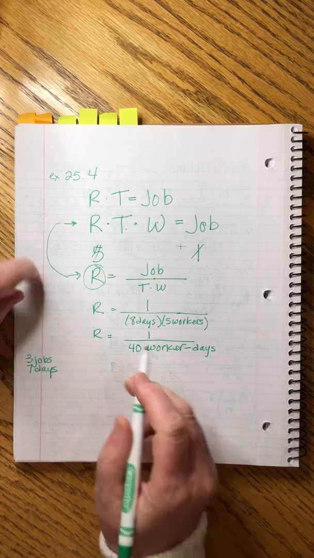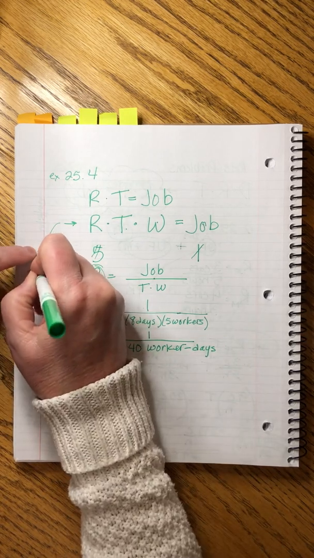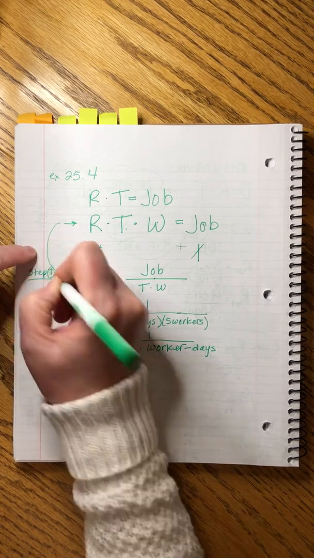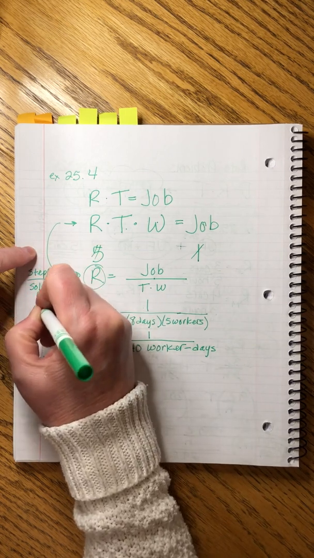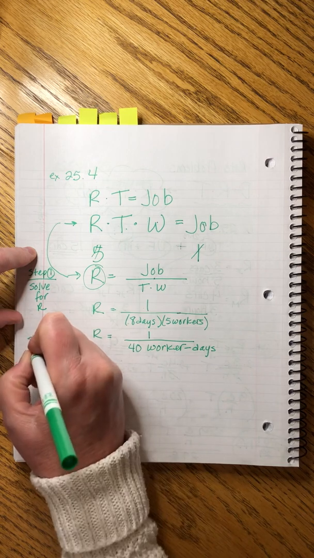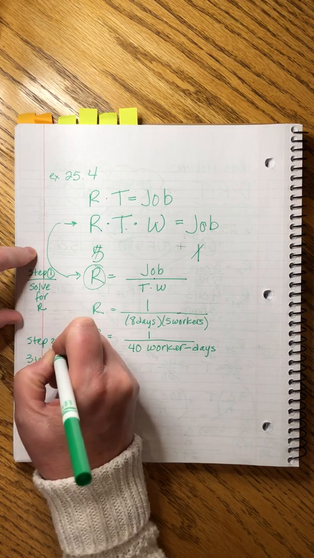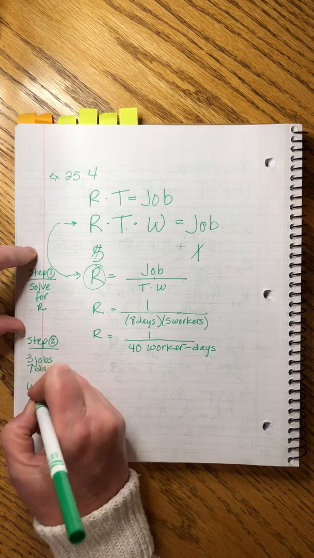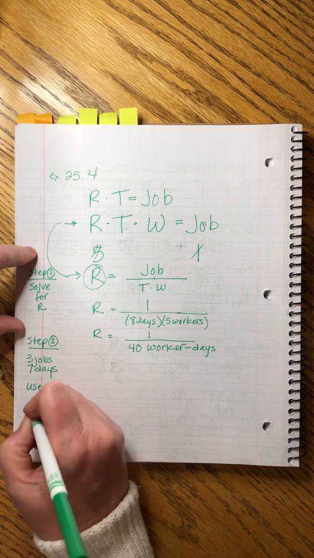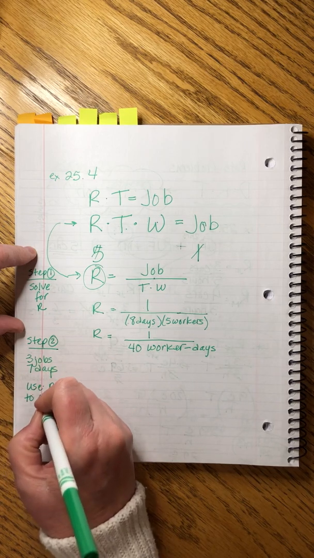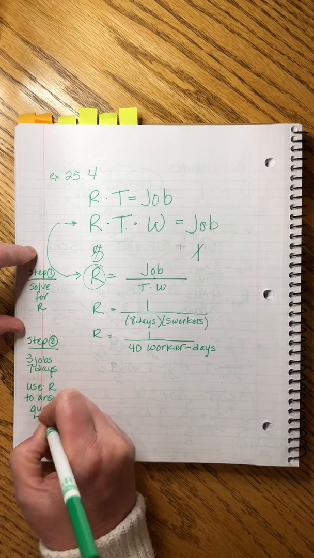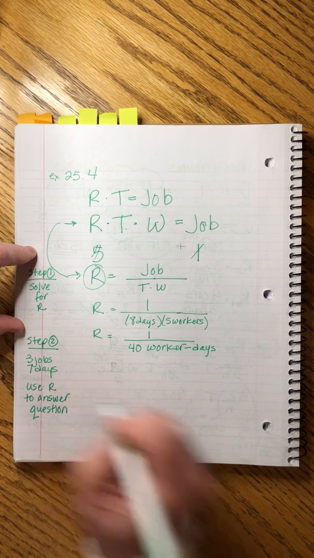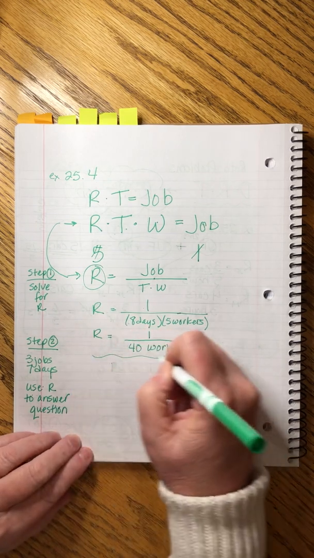Now that we've got our rate, so step 1 was solve for the rate, and step 2 is use the rate to answer the question. All right, so there's our rate.